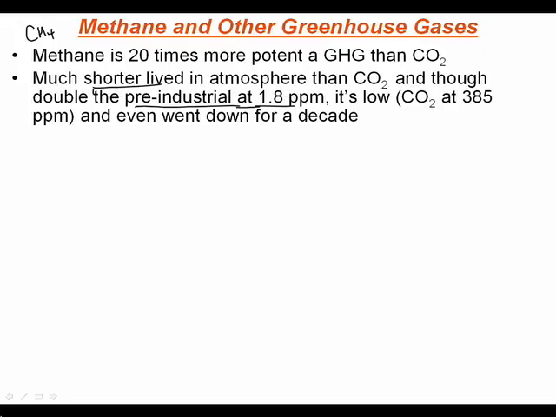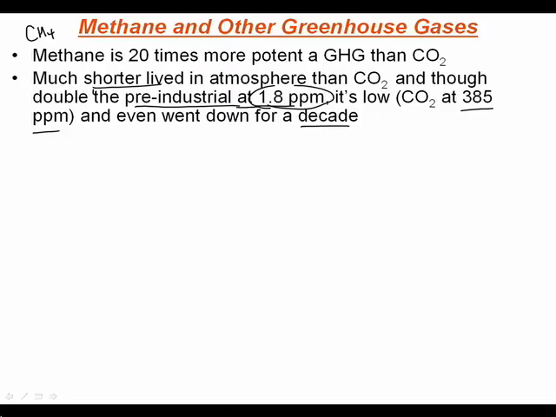CO2 is at about 200 times the value of methane. The methane that's there dies off and is in a steady state at about 1.8 parts per million. It went down for a decade, and so it's not discussed very much.